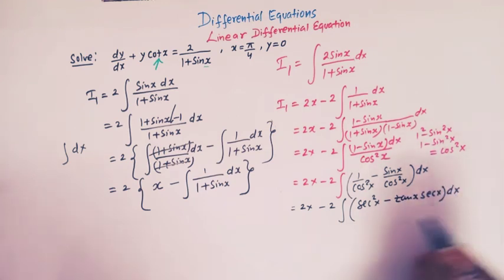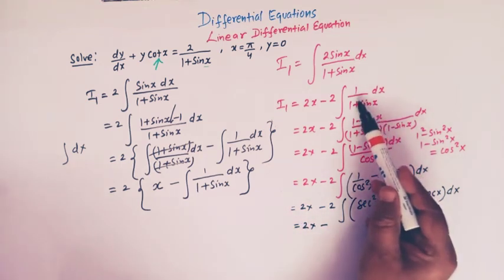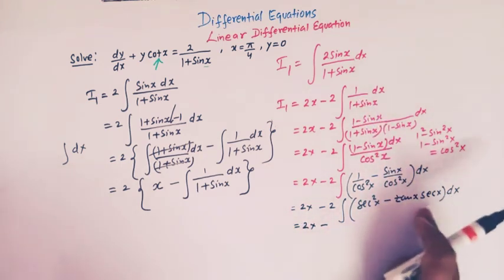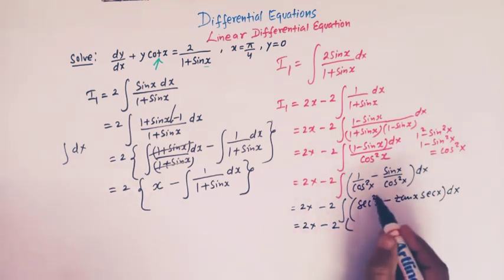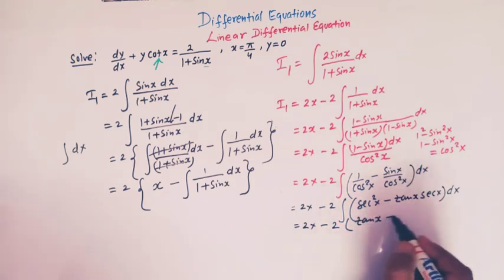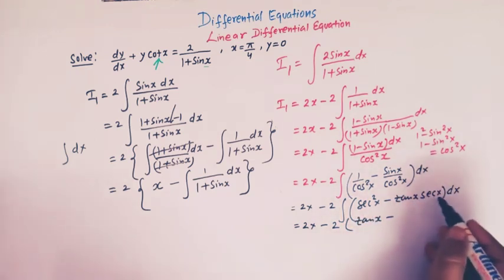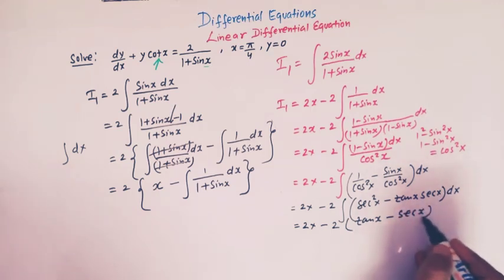So now we have reduced this integral into two known integrals, because the integral of secant square x is simply tan x, and the integral of tan x sec x is equal to sec x, right?